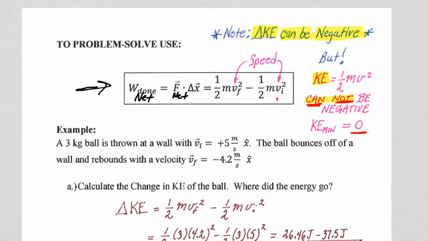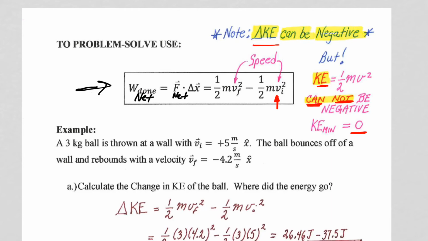An object can't be moving slower than stop. So the speed of an object can never get less than 0. It either has some speed or it doesn't, and if it doesn't, then it has no kinetic energy. So individual kinetic energy can never be negative, can be 0, but not negative.